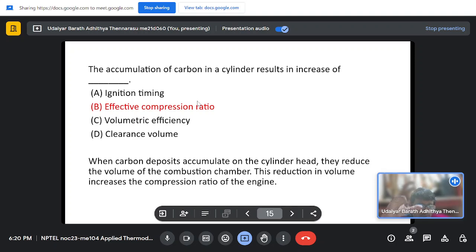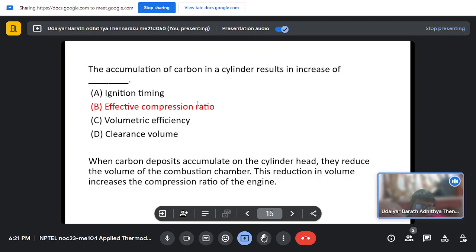Now after depositing some amount of carbon on the piston head, the effective volume has reduced. The volume of the carbon which is accumulated on the piston has been reduced from the initial volume. So this effectively increases the compression ratio.